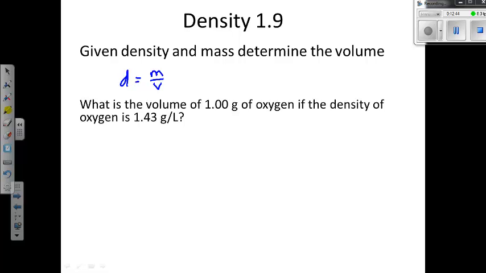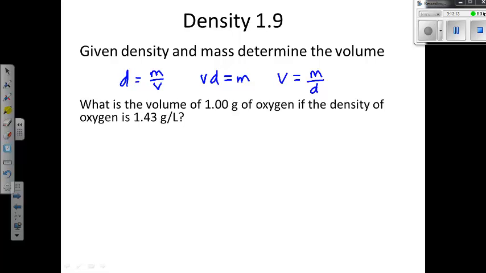Well, I can multiply both sides by volume, so I can get volume times density is equal to mass, and then divide both sides by density, and volume is equal to mass over density, right? So you don't really need to memorize all 3 of these equations. You just need to know one of them, and then you can derive the rest of them just by using algebra.